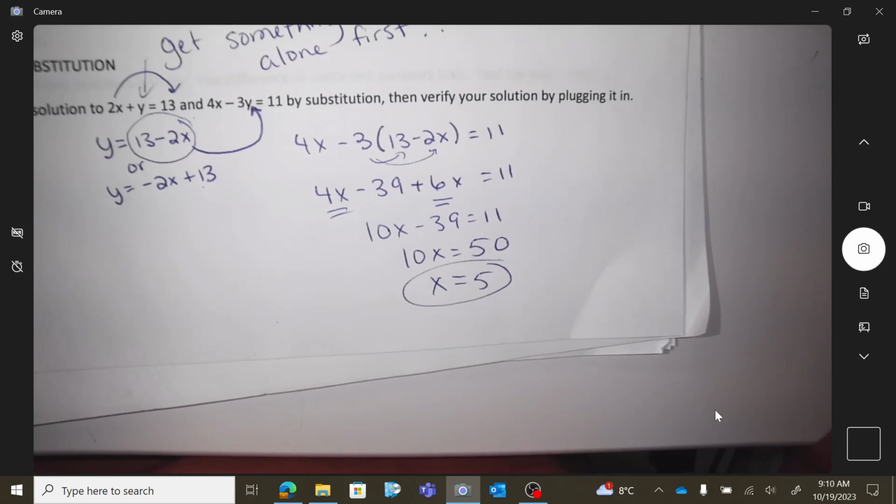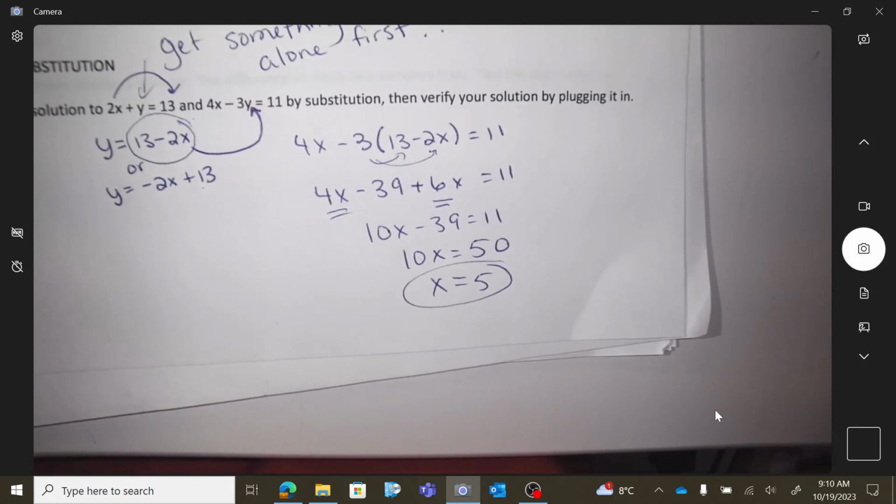Okay, anybody got me a match with a 5? Okay, thank you. A thumbs up or a head nod.